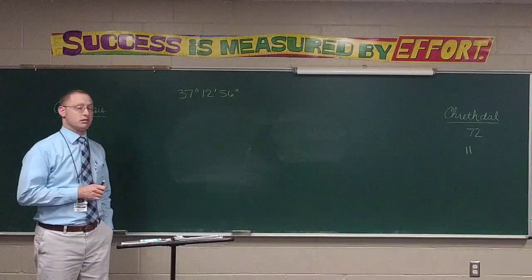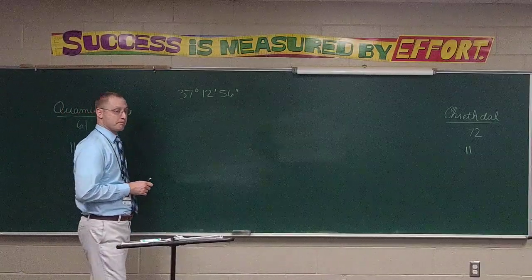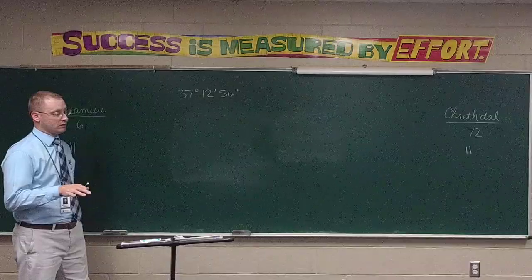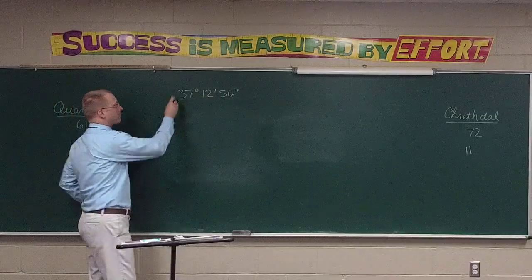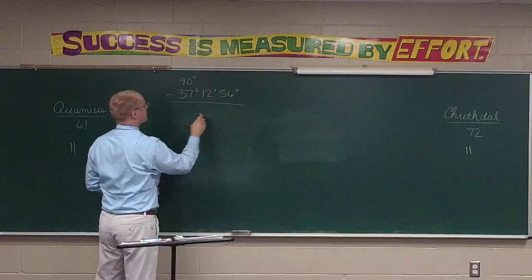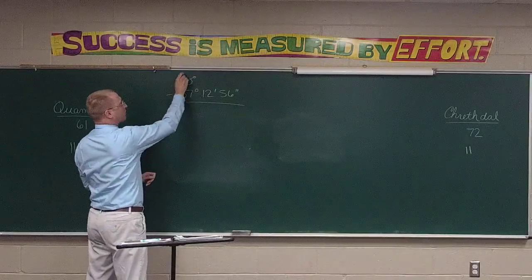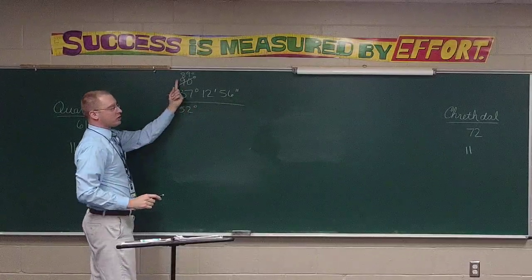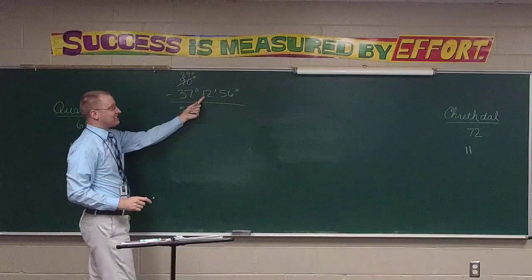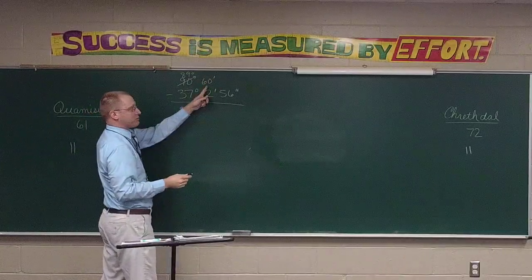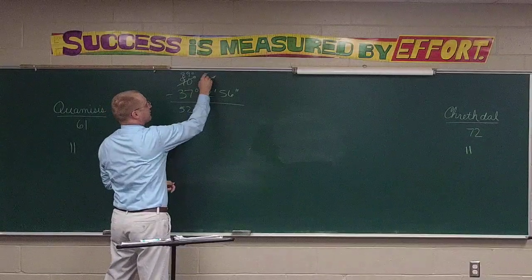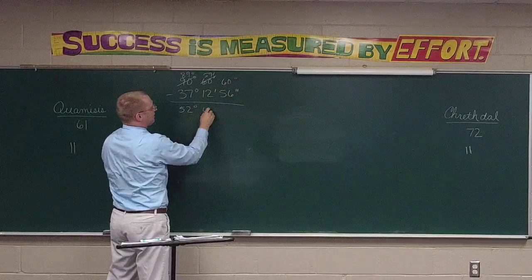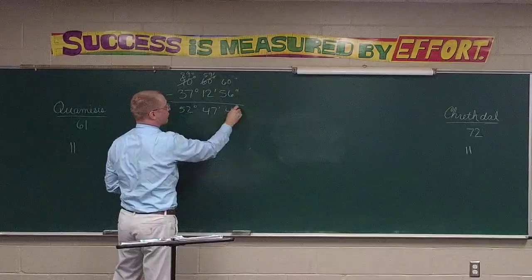Kendall? 62 degrees, 78 minutes, and 44 seconds. All right, remember we're going to subtract from 90 degrees. But we can't subtract from nothing. So we're going to borrow a degree, make this 89, which would give you 52 degrees. But that 1 degree becomes how many minutes, class? 60, not 100. 60 minutes. But you can't even subtract that from 60 because we have to borrow again, make this 59 minutes, and that 1 minute becomes 60 seconds. So we should have had 52 degrees, 47 minutes, 4 seconds.